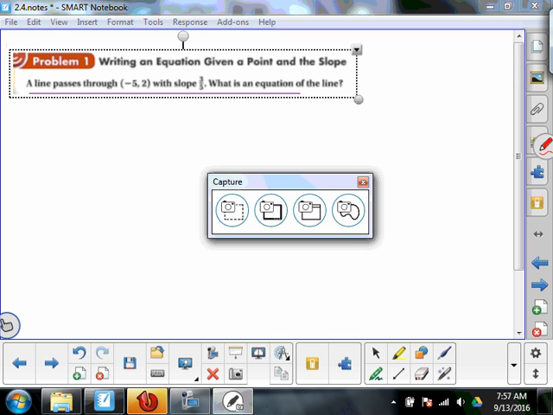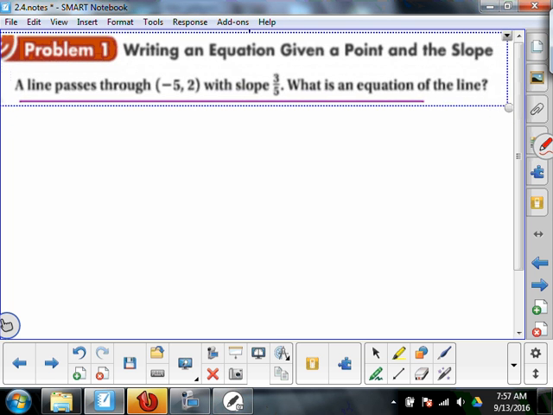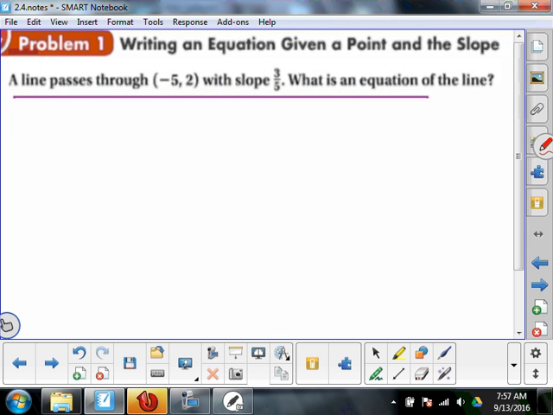Here we go. So they, the authors of the book, the ones who are giving us this problem, they gave us some point that the line goes through. Now, I like to label things. I really like to label things. So I'm going to label that point. This part of that point, I'm going to label as x sub 1. Does that make sense? It's the first and only x given.